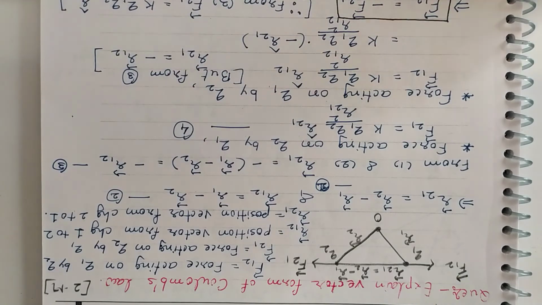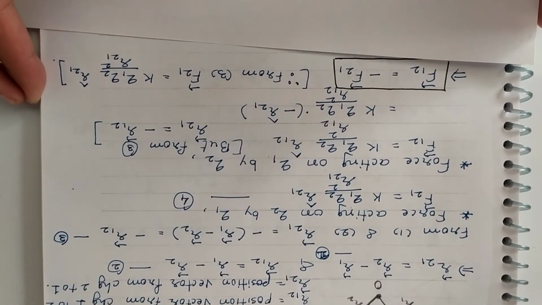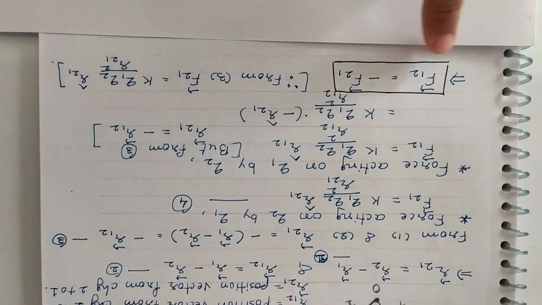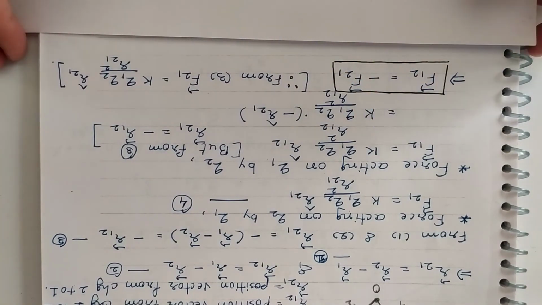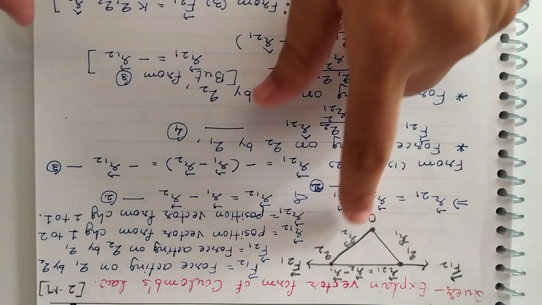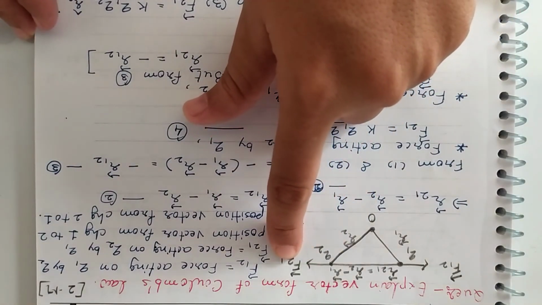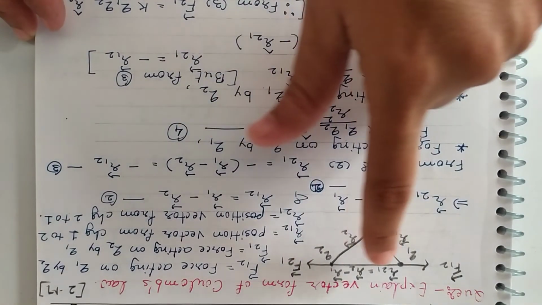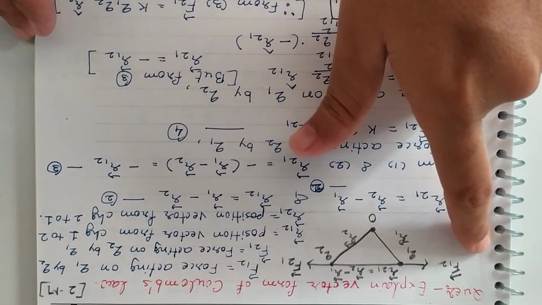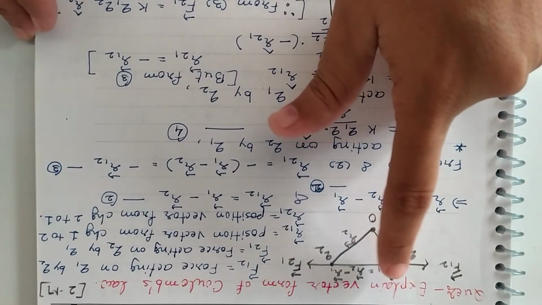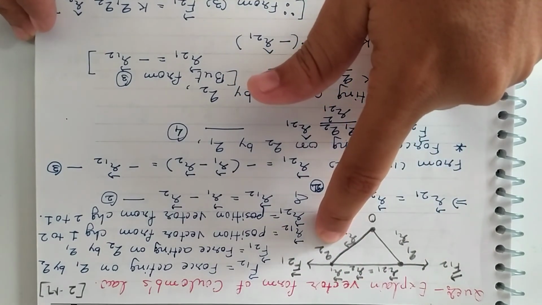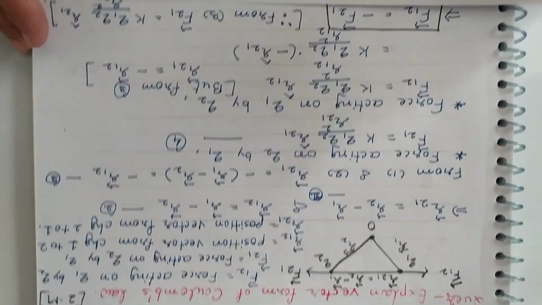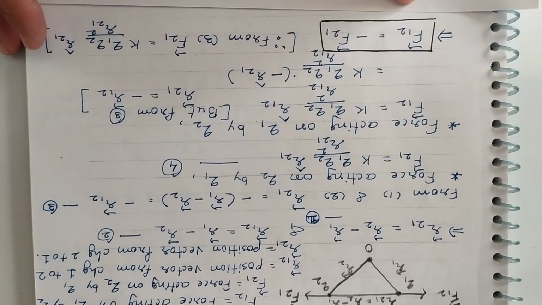That means F12 is equal to minus F21. Also it can be seen on the diagram. F21 is pointing to the right hand side and F12 is pointing to the left hand side. So both the vectors are equal in magnitude and opposite in direction, which we have proved from Coulomb's vector form.